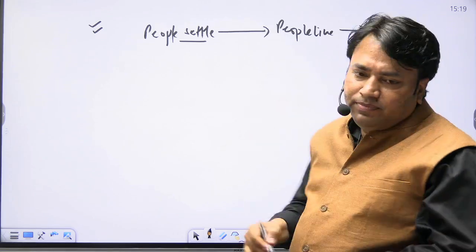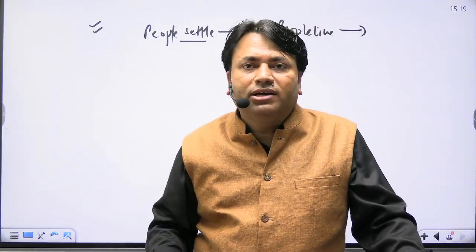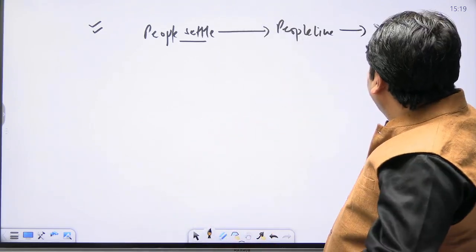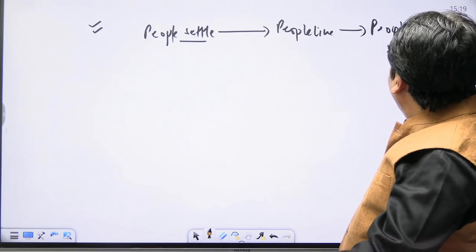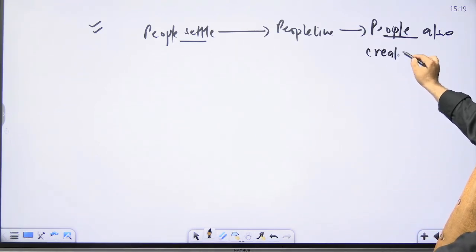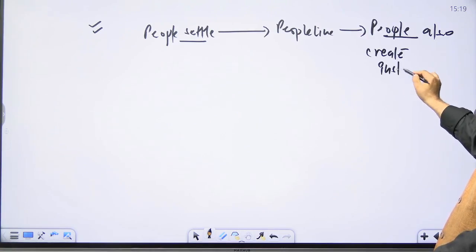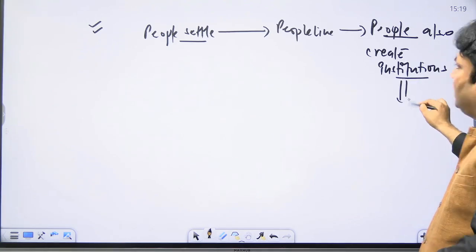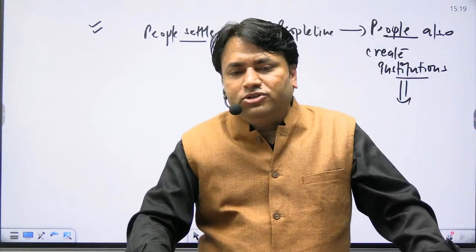After this, when people start living there, what will they do? People will create institutions. So people settle, people leave, and people also create institutions.